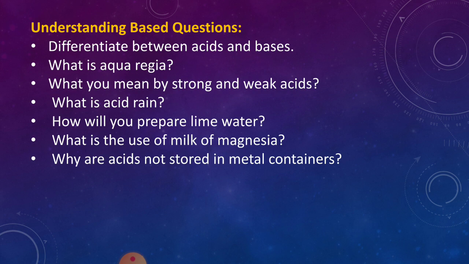When you get the answers to these questions, you will write them in your copy. The next question is, what is aqua regia? Aqua regia we have also studied. Then you have to write about strong and weak acids and their examples also.